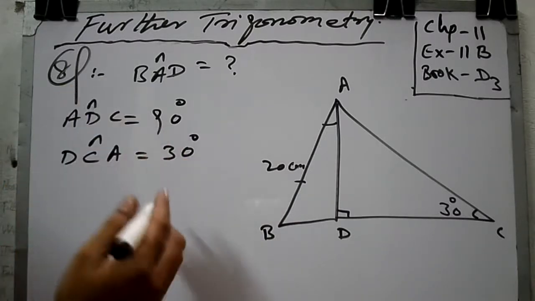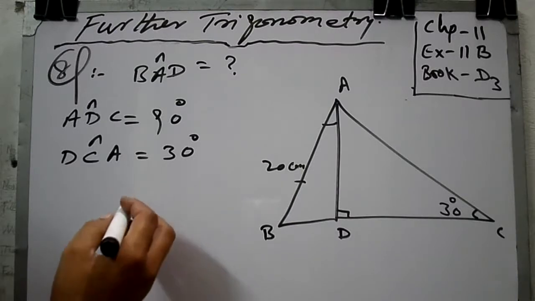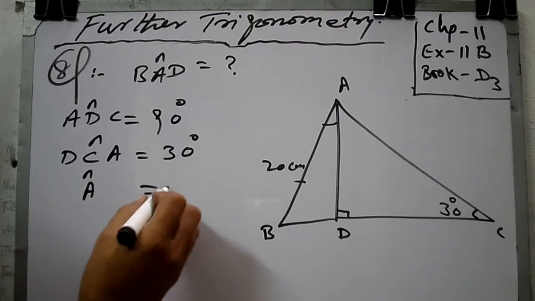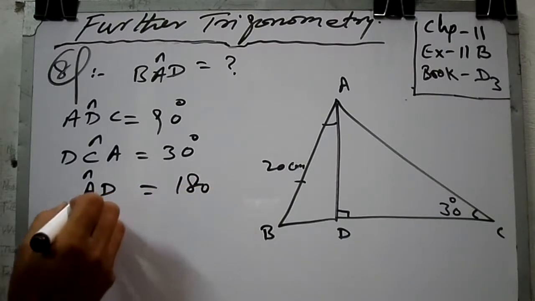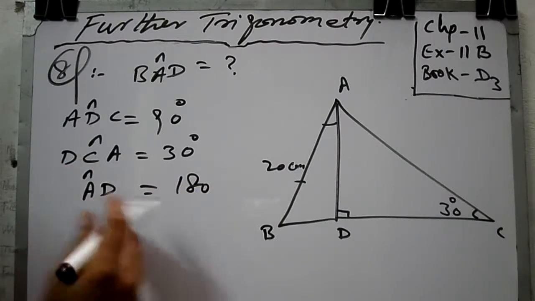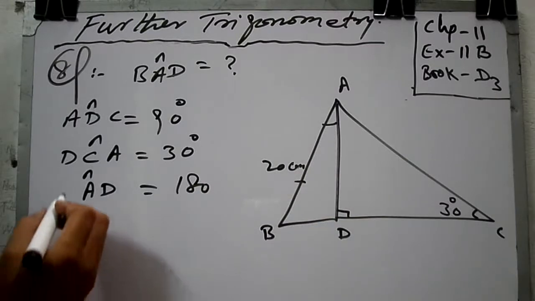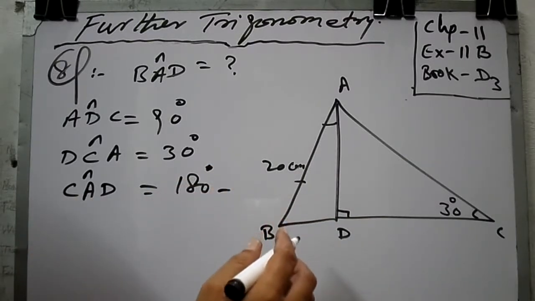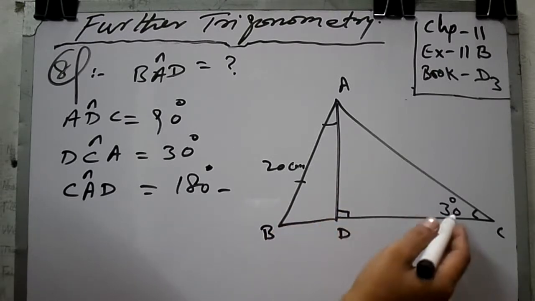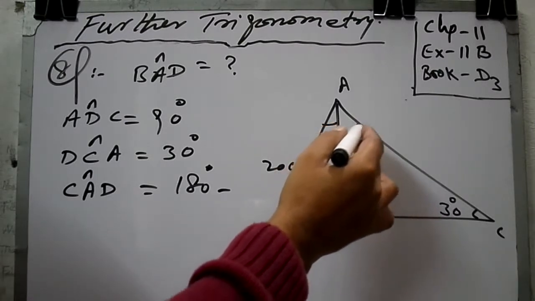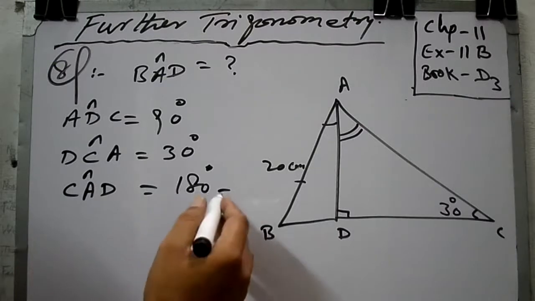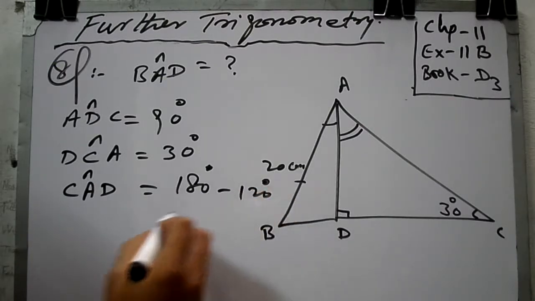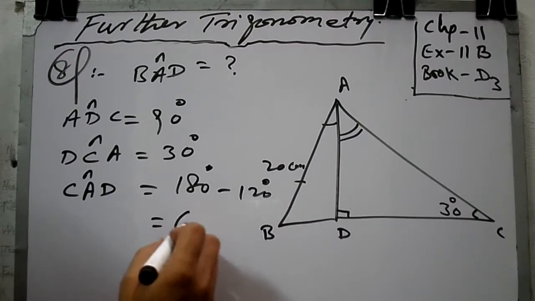And similarly, how can we find the angle A? So angle A is represented in the figure, that is CAD, 180 degree minus, because it is 90 plus 30, so 180 minus 120 degree, you will get 60 degree.